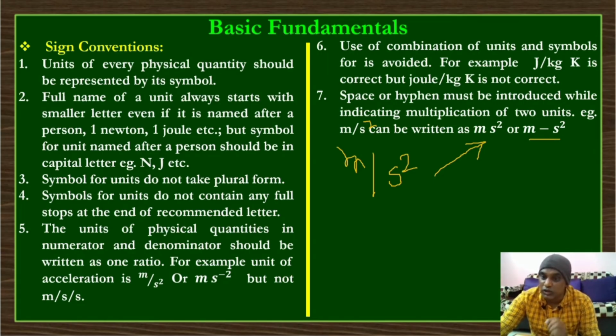You should not use a dot or a multiplication sign. The multiplication sign or dot between m and s is not acceptable; hyphen and space are acceptable, or simply you can write meter per second square. Clear?